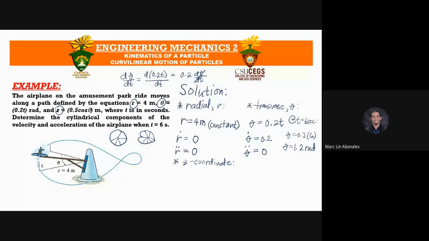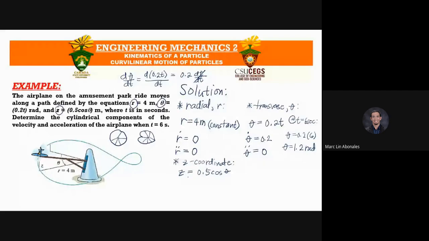Ang sa z-coordinate nato, the equation was 0.5 cosine theta. So kani, this is an equation of z as a function of theta. So moto na siya theta dot afterwards.